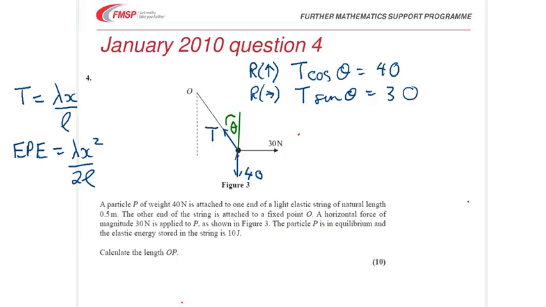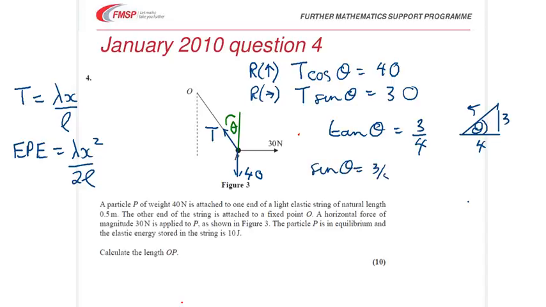Those equations are quite nice because we can divide to give tan theta is 3/4, and that will tell us sin theta and cos theta. If you think about it, we've got a 3, 4, 5 triangle there. So sin theta is 3/5 and cos theta is 4/5.